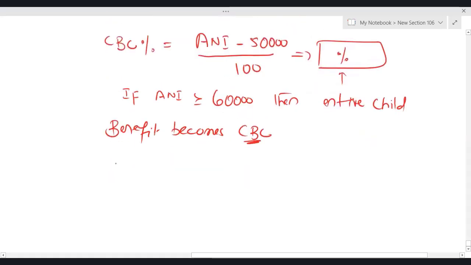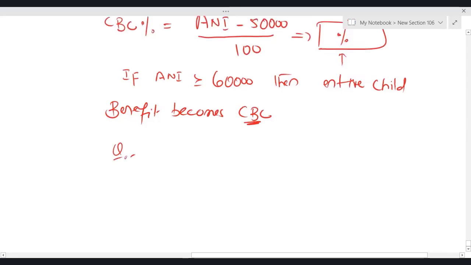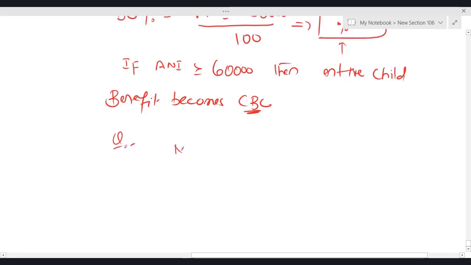For example, we have Mr. X, assuming employment income is 53,000.